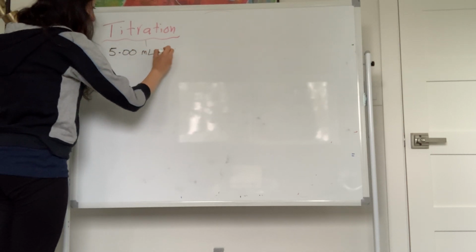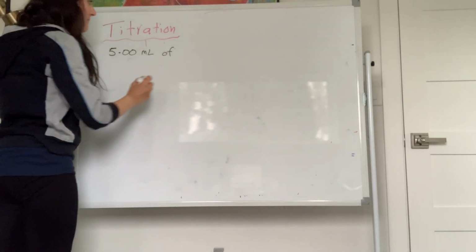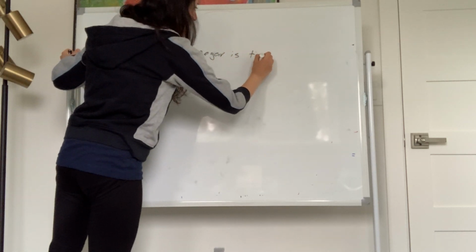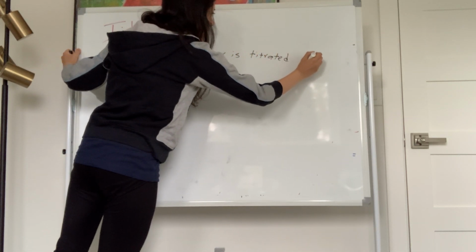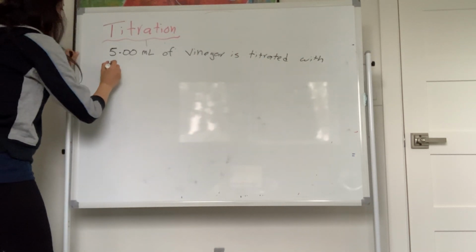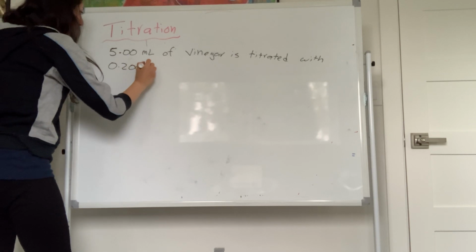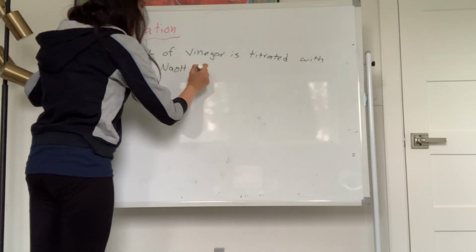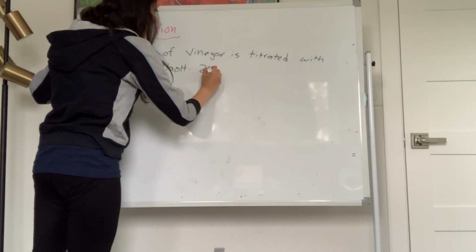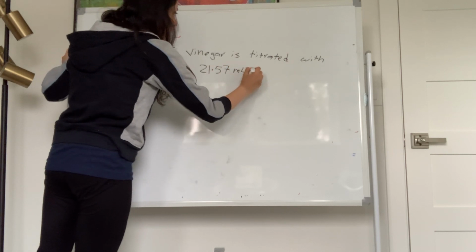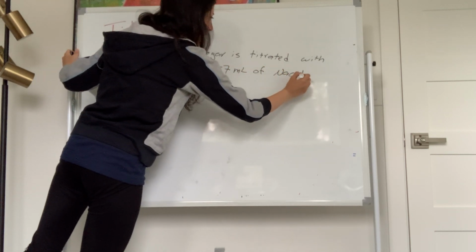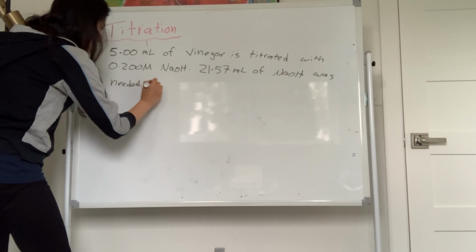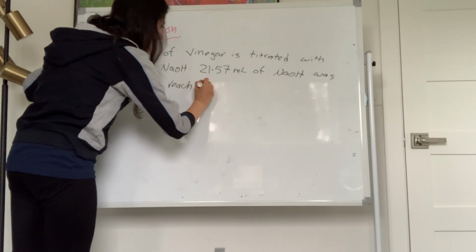5.00 ml of vinegar is titrated with 0.200 molar sodium hydroxide, 21.57 ml of sodium hydroxide was needed to reach the endpoint.